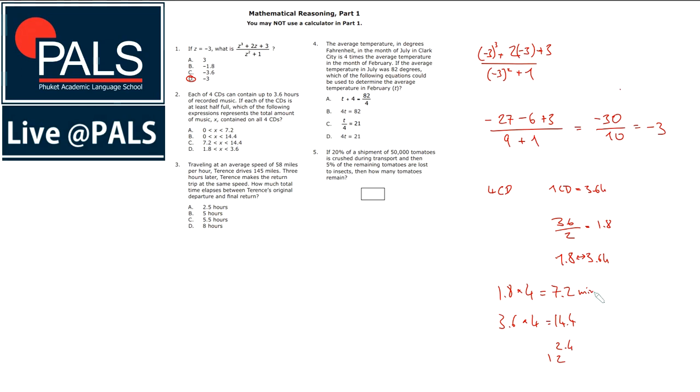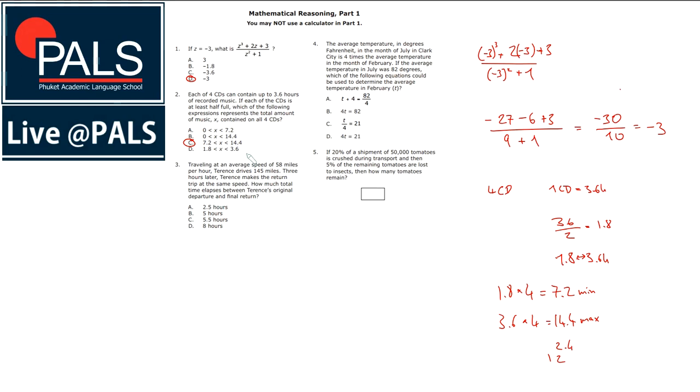So 7.2 is the minimum amount of music, and 14.4 is the maximum amount of music. So x is going to be greater than or equal to 7.2, but smaller than or equal to 14.4. So the correct answer is C.